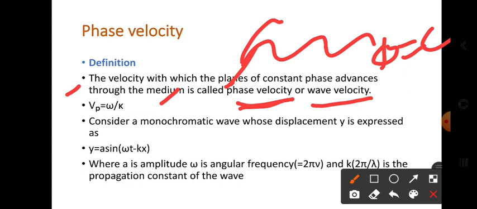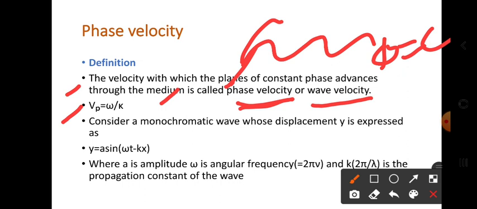So this is the phase velocity or wave velocity, and its formula is Vp equals omega by k. Vp, P indicates phase, V indicates velocity, omega is angular frequency, and k is the propagation constant.